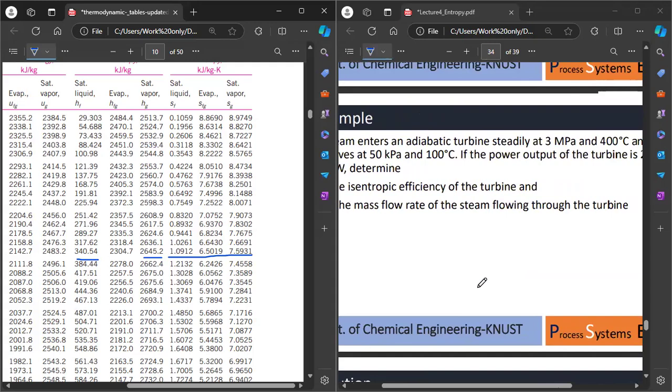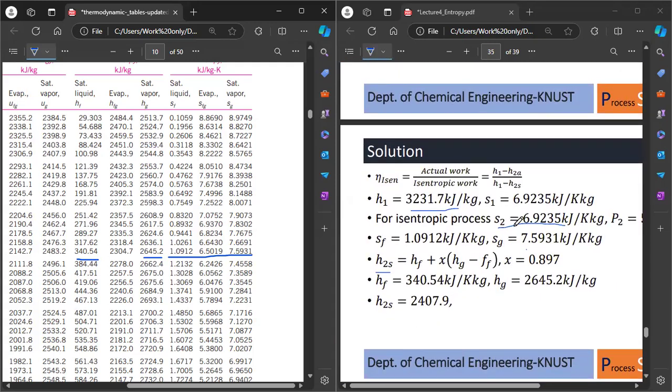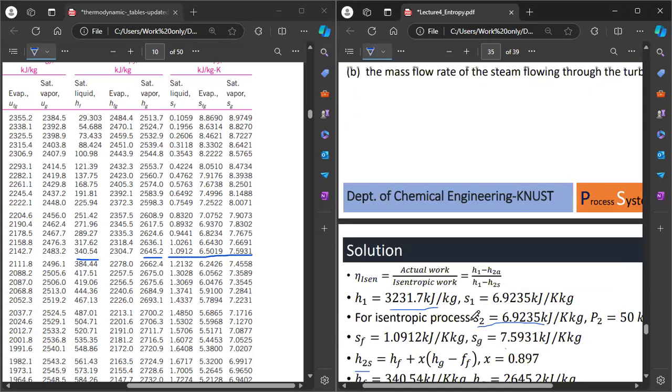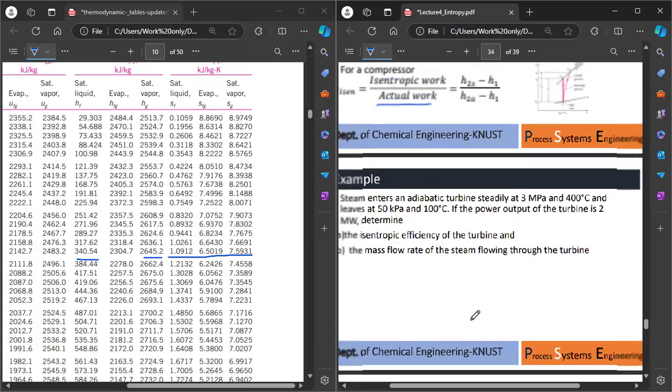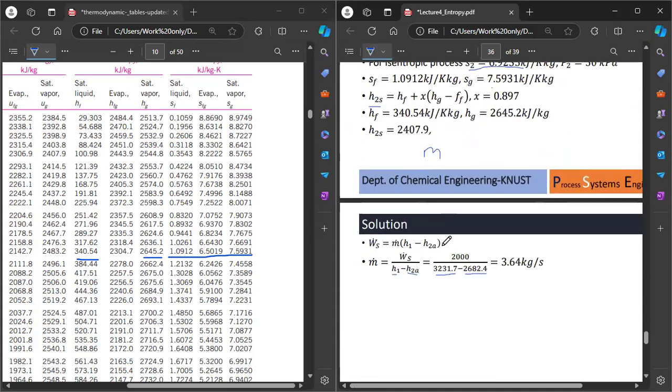And the next part of the question asks for the mass flow rate of the steam flowing through the turbine. So we are looking at the mass flow rate, and we know that the mass flow times the change in enthalpy will give us the work that is done, right? And we know that they said that the power output was 2 megawatts. So that's the actual work that was done.